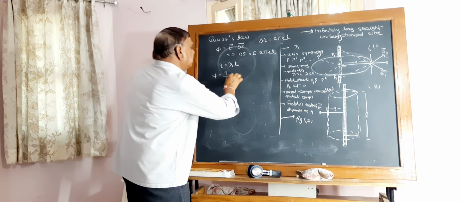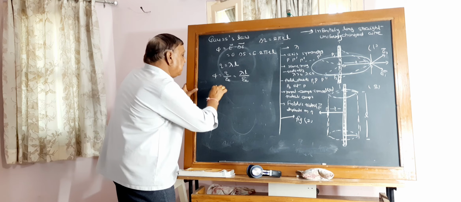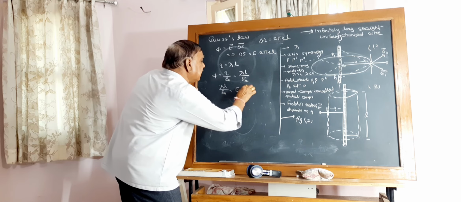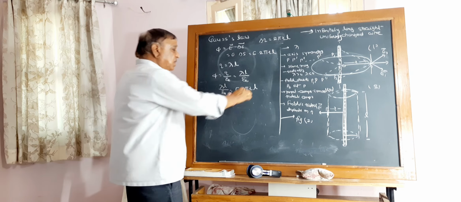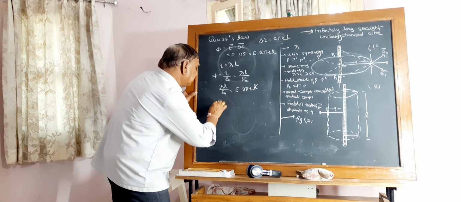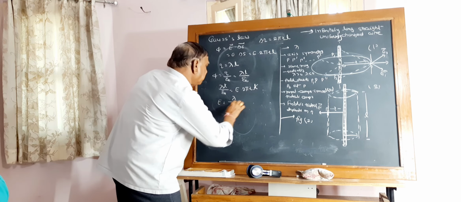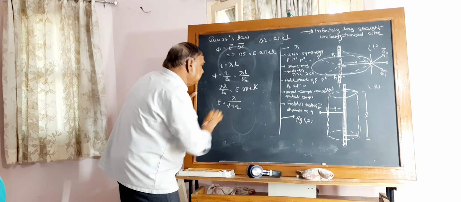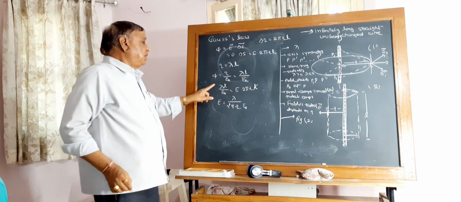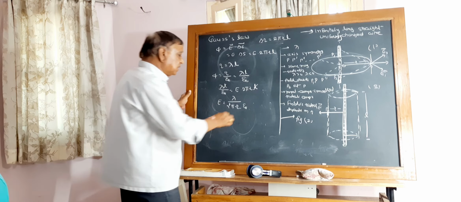So lambda L by epsilon 0 equals E into 2 pi r L. L cancels. So E equals lambda upon 2 pi r epsilon 0.